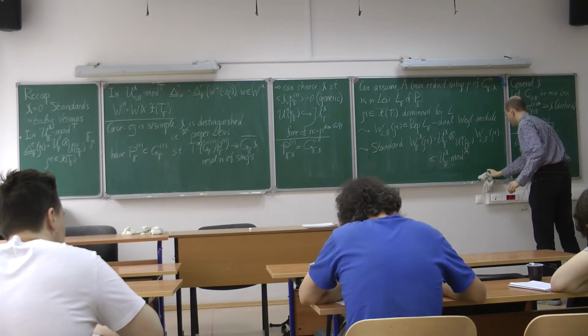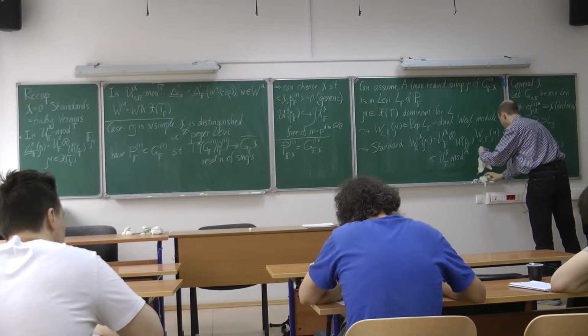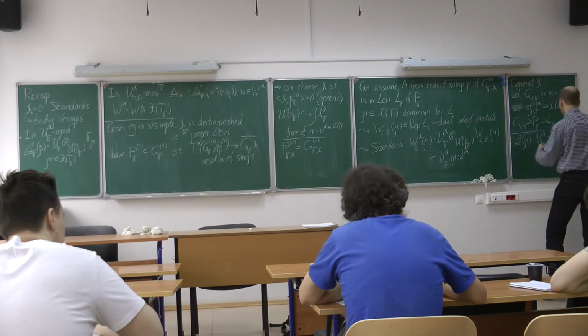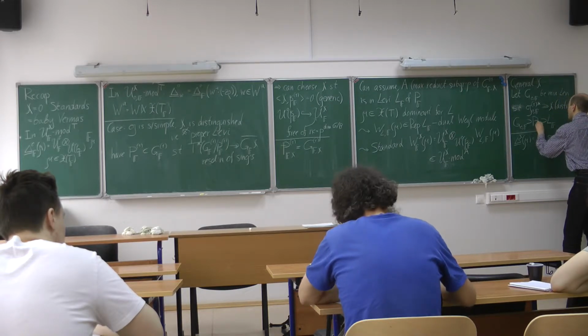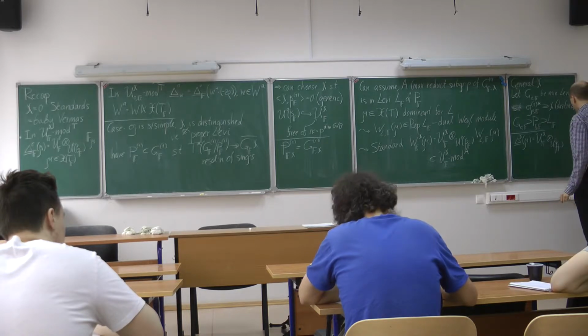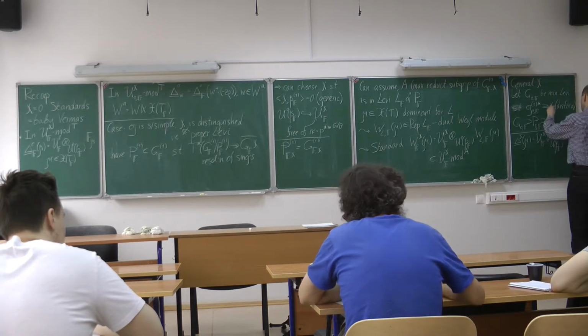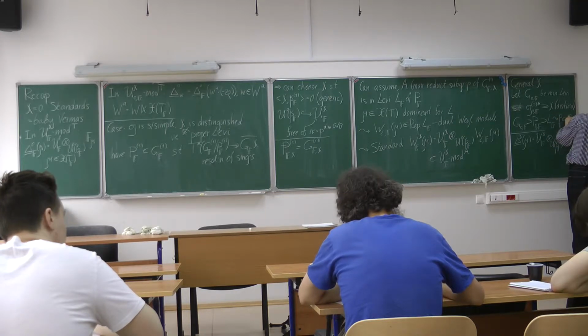Maybe it's not a good notation, so let me write P0 for the subgroup in G0, and then it gives rise to a parabolic P_F inside of G_F.